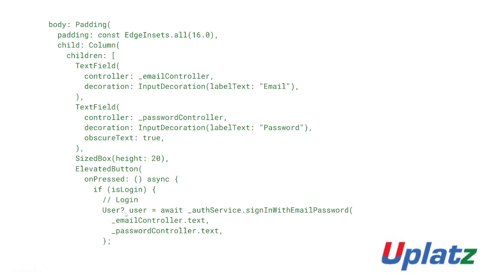User nullable, user is equal to await _authService.signInWithEmailPassword. Then _emailController.text, _passwordController.text, bracket close.